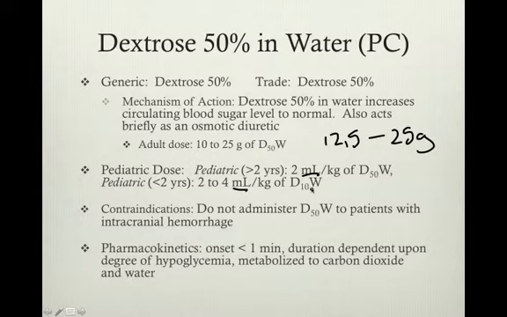Of a dextrose 10% in water solution. Now, again, it's easy to squirt out half of the concentration, or the 25 grams, and it turns it into 12.5 grams.